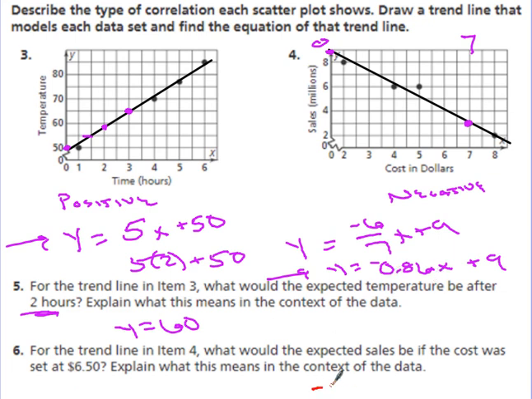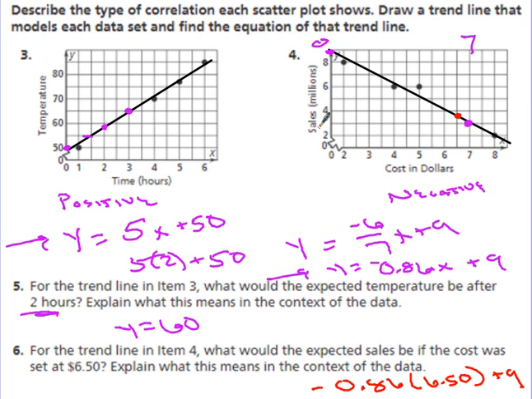So I can do negative 0.86 times 6.50 plus 9. You can also look here, 6.50, and my trend line hits 6.50 right here. It's right below 4, so I know it's going to be maybe about 3.8 or so. And that would be a great answer.